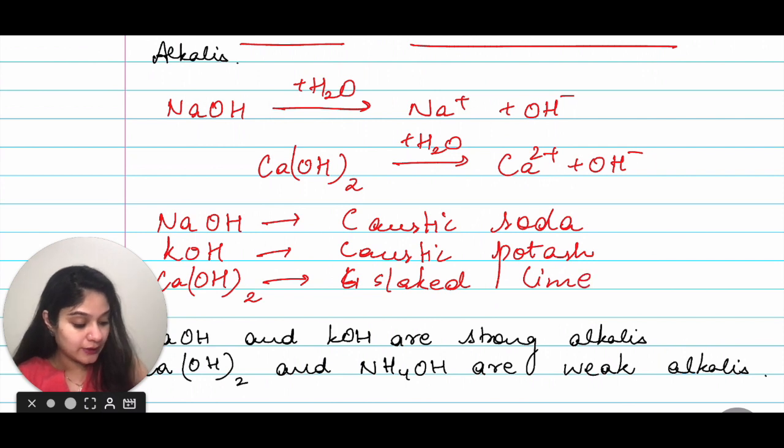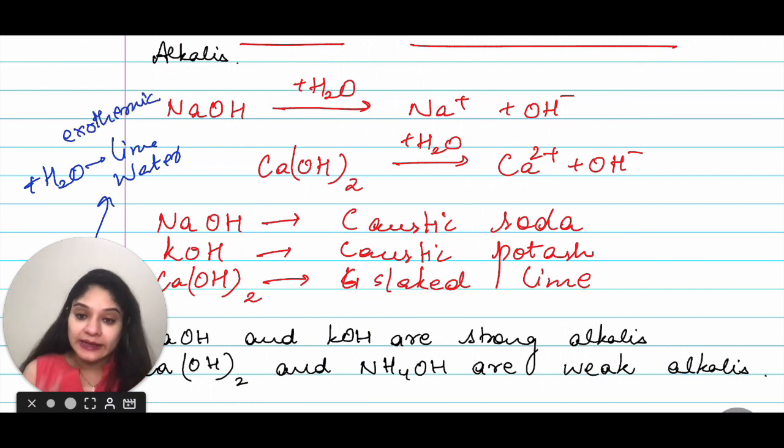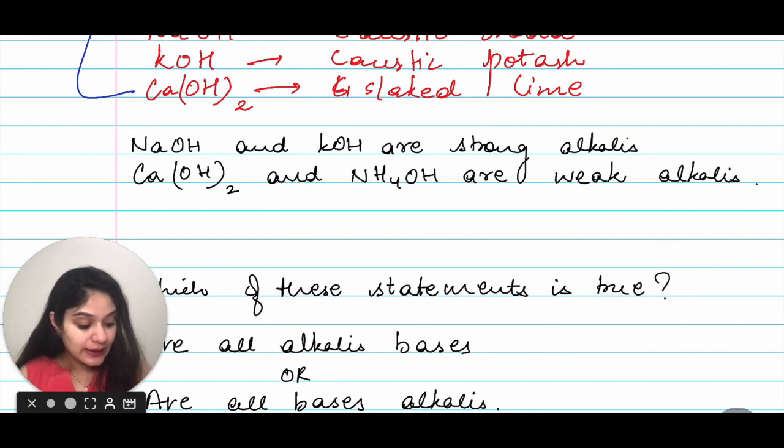Now one extra thing to remember is that slaked lime, if added to water, will give you lime water, but this particular reaction is exothermic in nature. Another thing to remember is that NaOH and KOH are strong alkalis.